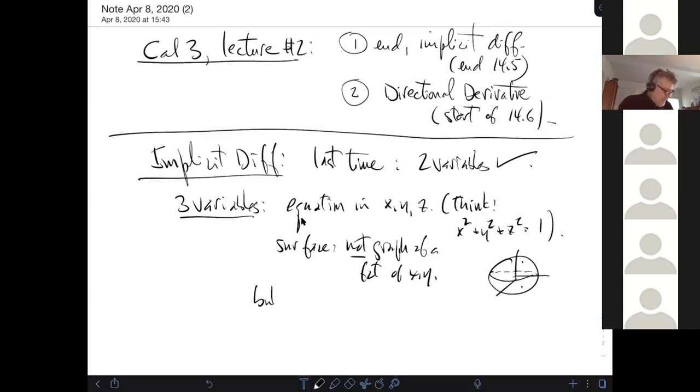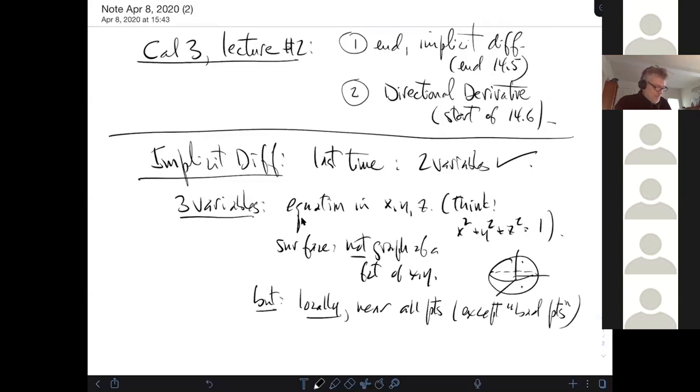But again, the principle is the same. So locally, near all points except some bad points, there are some points where it's not going to work. If you think of the equator of the sphere here, there's no way that you can zoom in close to these points and see the graph. There's always going to be points one on top of another.